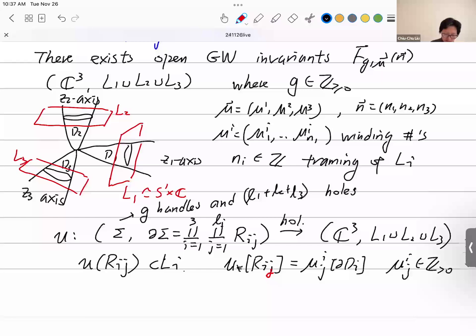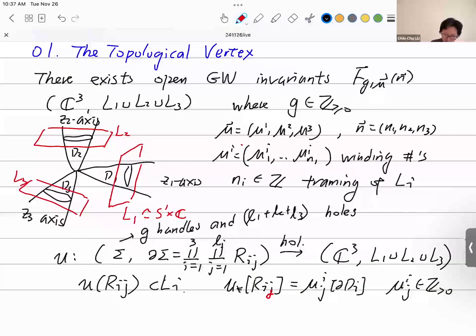So one can compute the virtual dimension. It's always 0 for any genus and any winding numbers. So you see, we can collect all these winding numbers in 3 groups associated to L1, L2, and L3, and we get 3 partitions, mu1, mu2, and mu3.